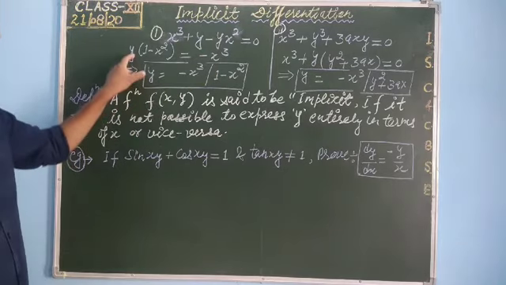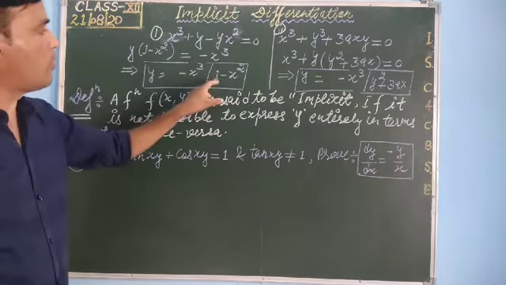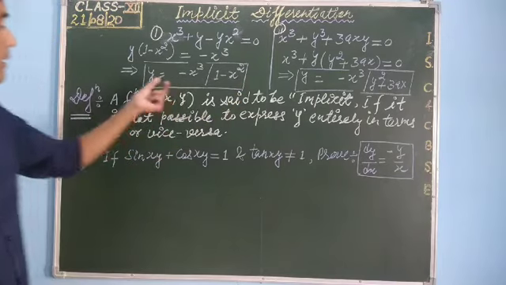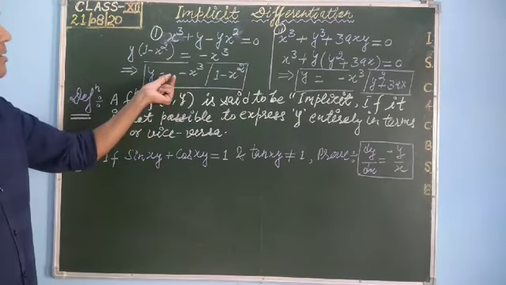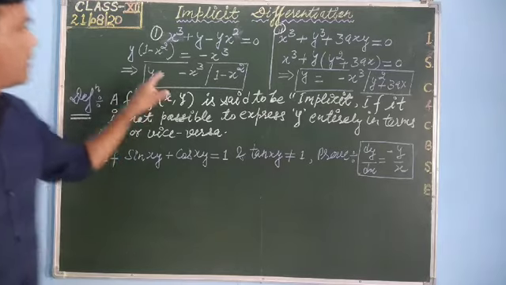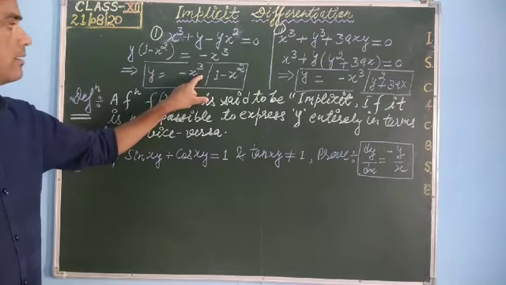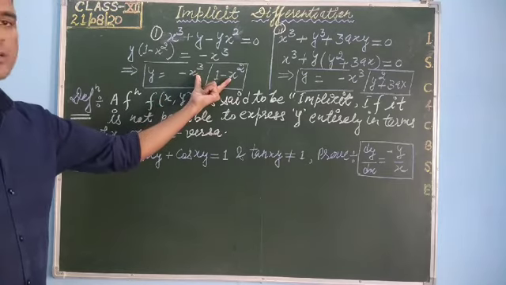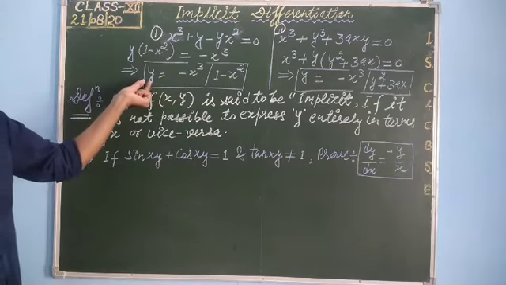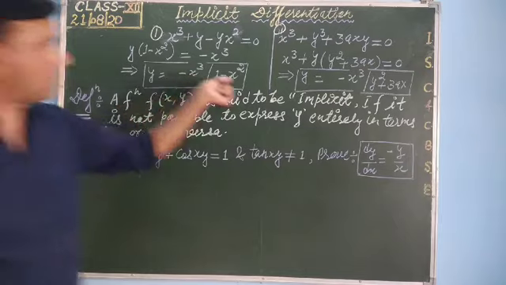Then this implies that y will be equal to minus x cube upon 1 minus x square. See students, here we can express y in terms of x entirely. Right side is totally a function of x, left side is y.